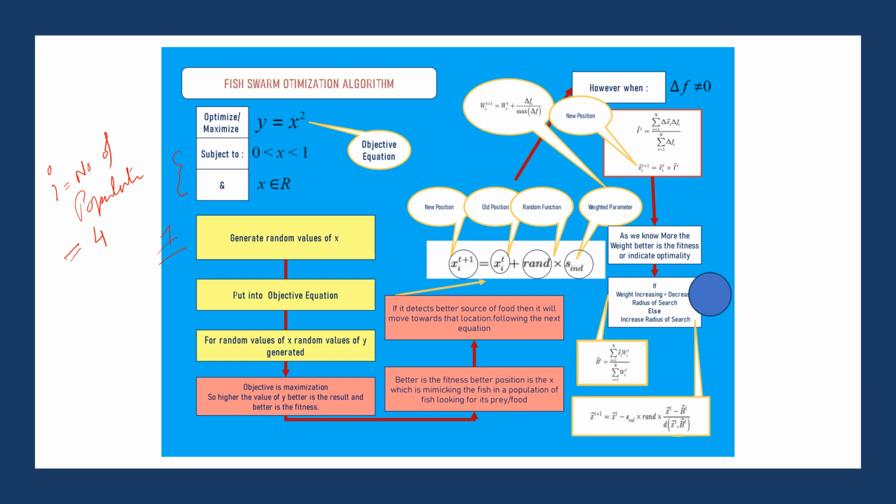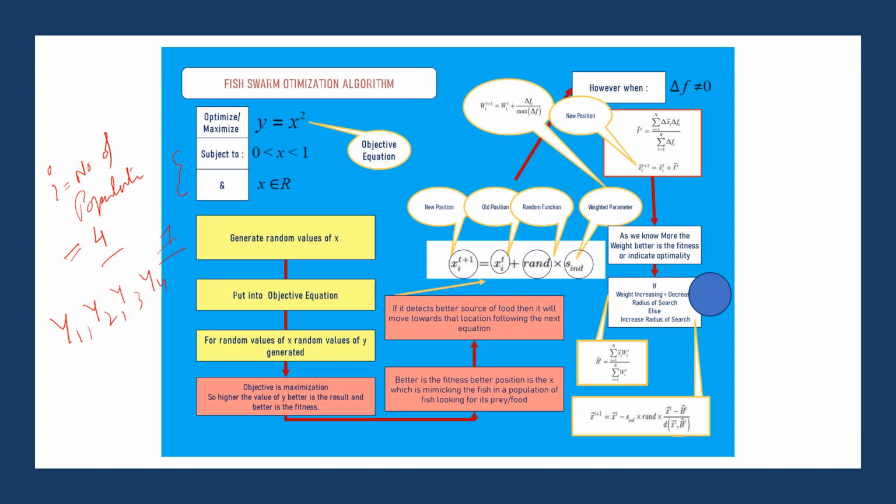So for the random values of x, you have generated 4 values of x randomly, so you will also get 4 values of y, because ultimately you have to optimize this, y is equal to x square. So you will have 4 different values of y.